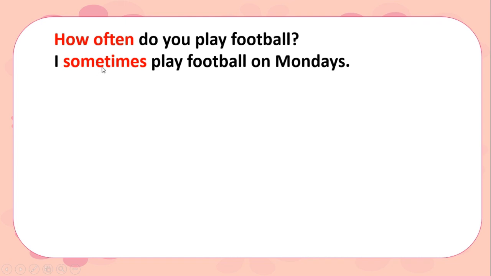What's this? It's a frequency adverb. What about this one? How often? This is the question asked to know the frequency of doing an action. I sometimes play football on Mondays.